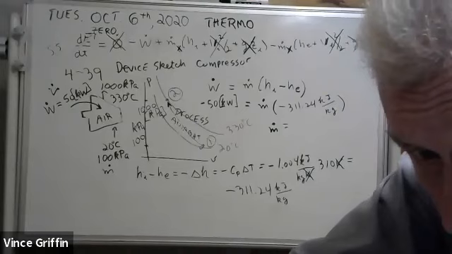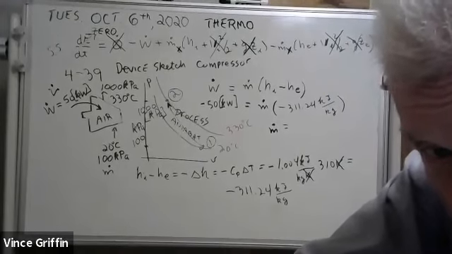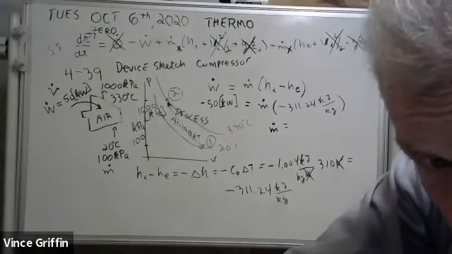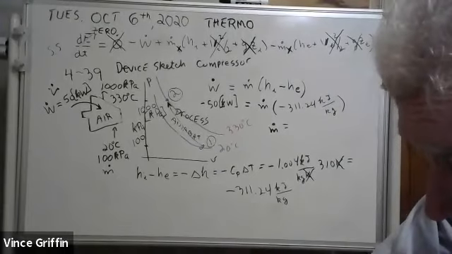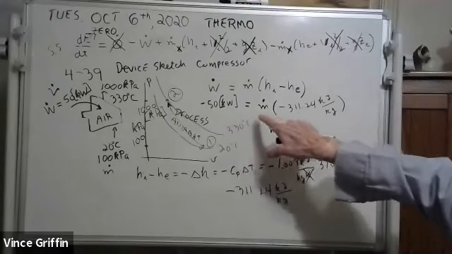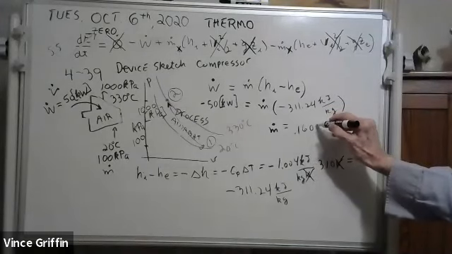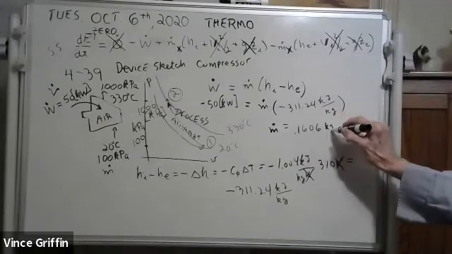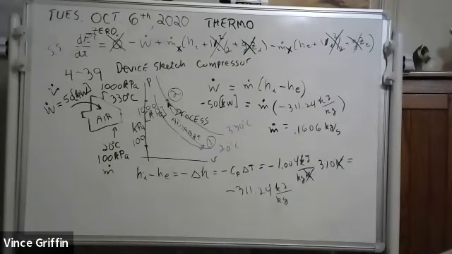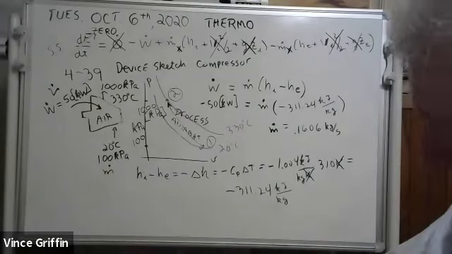Tyler, unmute and say hi, please. Hello. Tyler, have you got the mass flow rate from this equation yet? I believe so. I got 0.1606 kilograms a second. That's what I got. Good going, Tyler. So we're pretty happy with that. We've got our mass flow rate.